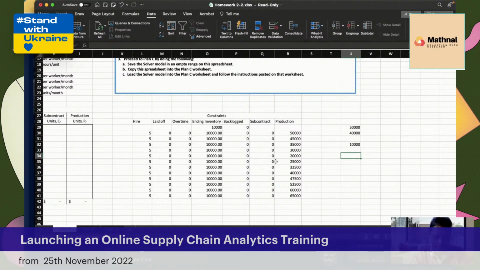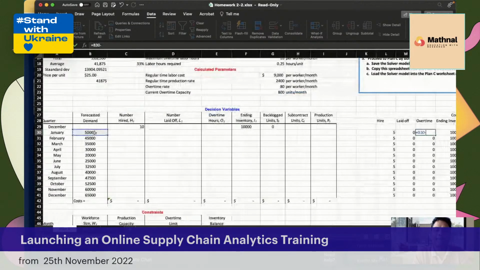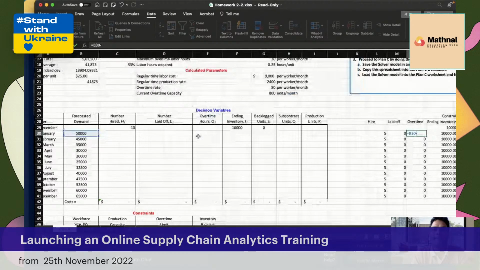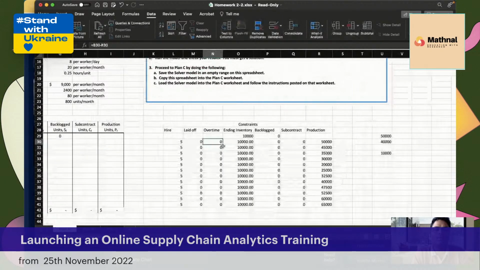So I have two decisions to make. What I'm saying here is that if my forecast and production are the same, then I don't need any subcontracting, nor overtime. So my two formulas are suggesting that I should not have any subcontracting or overtime.